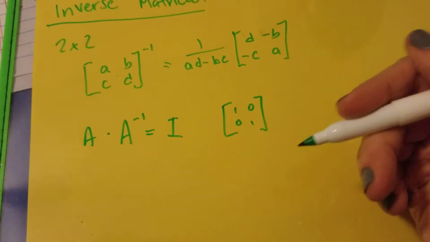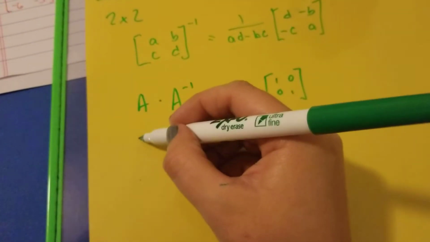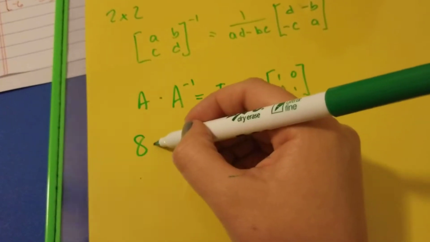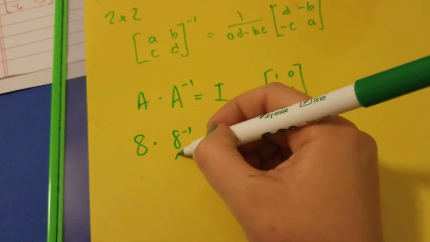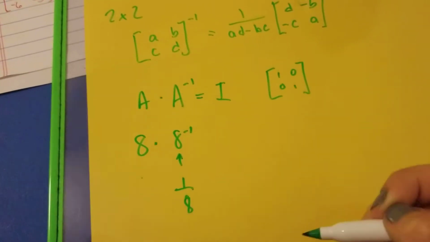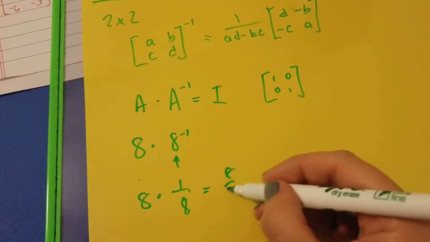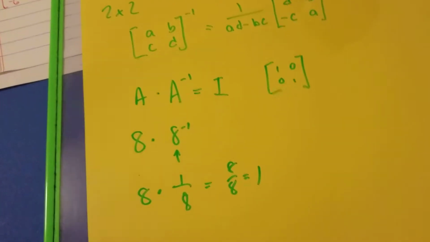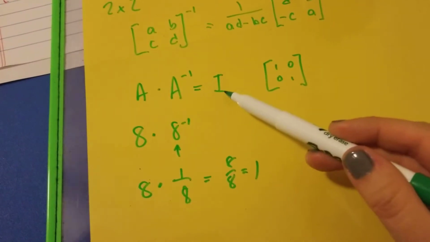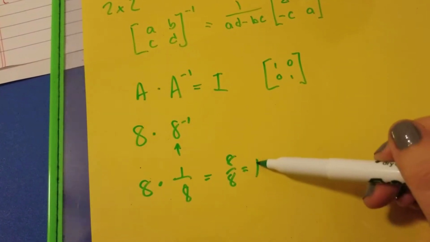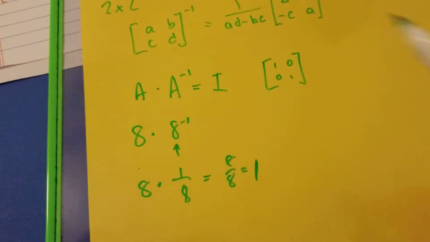Now the proof behind it, if you apply it to regular numbers: let's say you have 8, the inverse of 8, or 8 to the negative 1, is the same as 1 over 8. If I multiply these two numbers together, it gives me 8 over 8, which equals 1. And remember in the previous video, the identity matrix is the same as 1. So that's the concept behind all of this.